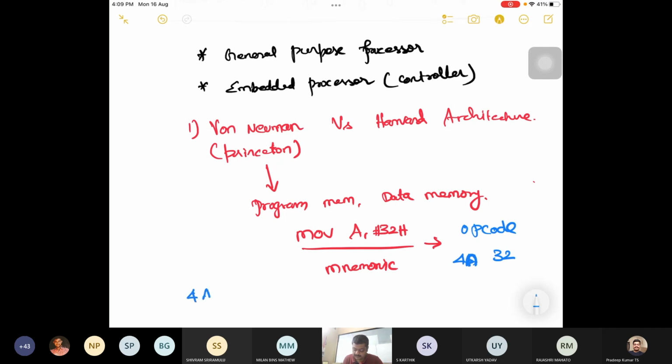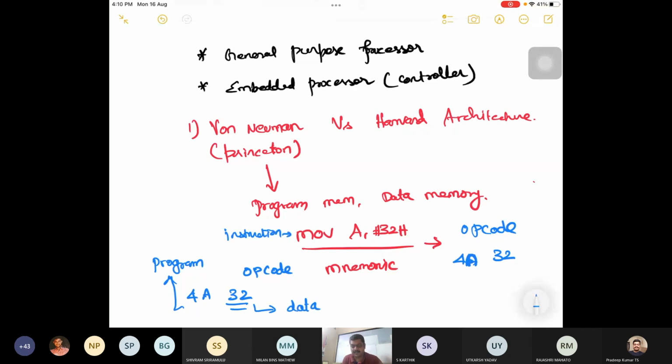These are all opcodes, operation codes. Among these, 32 is the data, and 4A is the program. Program means it is an instruction. So this line is an instruction.